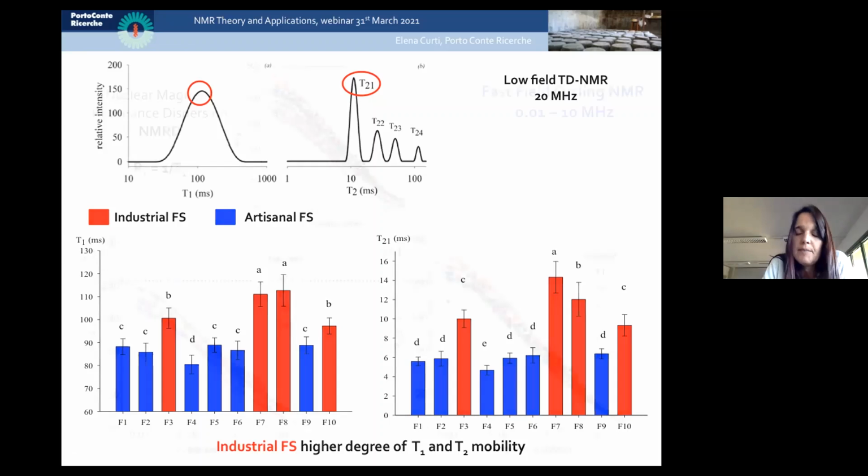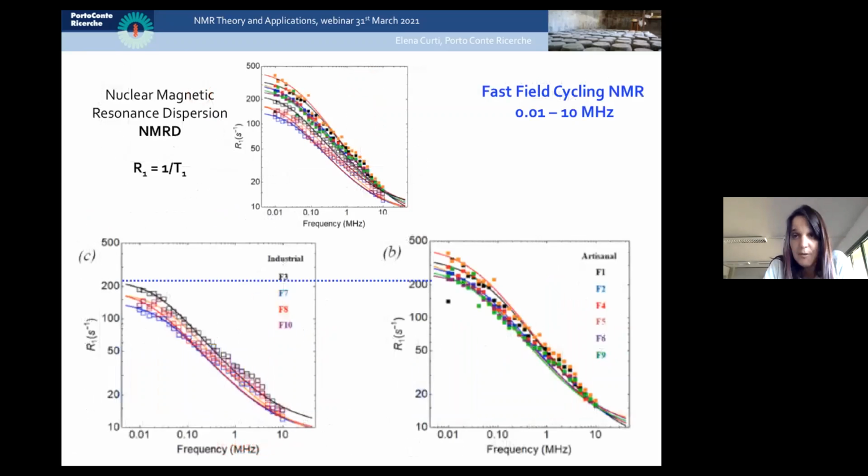Now let's look at the fast field cycling results. I put here a graph, where frequency is plotted against the relaxation rate, which is the inverse of T1. If we look closer at these lines, we can see the industrial samples have a much lower relaxation rate in comparison to the artisanal samples.